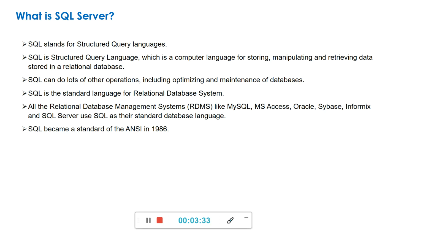In 1986, SQL became a standard of ANSI. ANSI means American National Standards Institute. This is a non-profit standards organization in America.